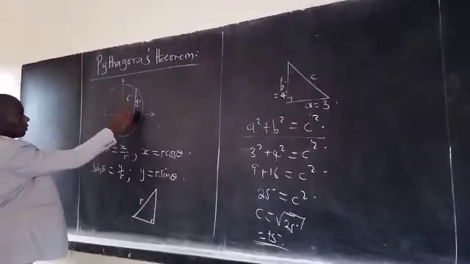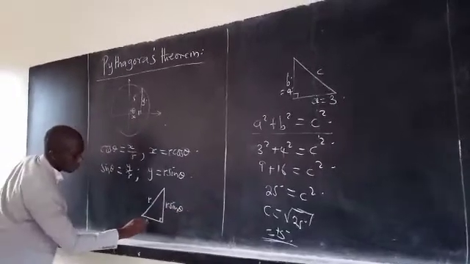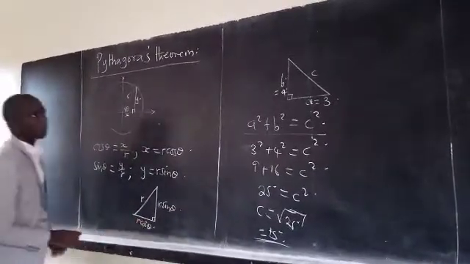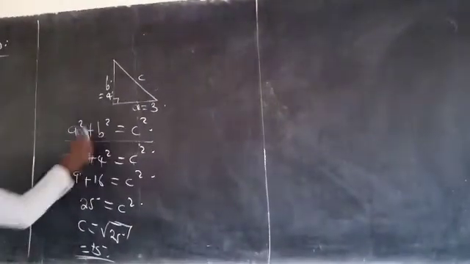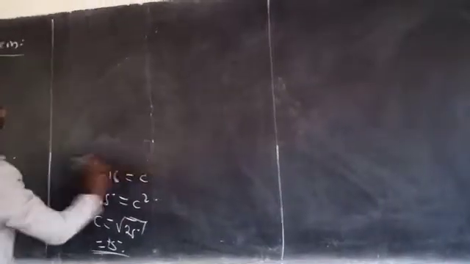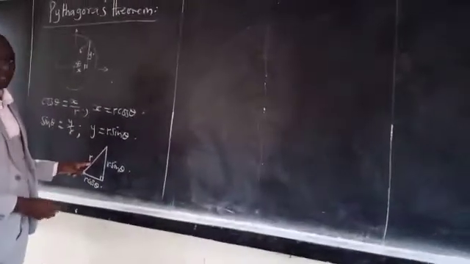As from there, what we have said is R sin theta, and this is R cos theta. Let us substitute this in our Pythagoras theorem, so that this squared plus this squared equals that squared.